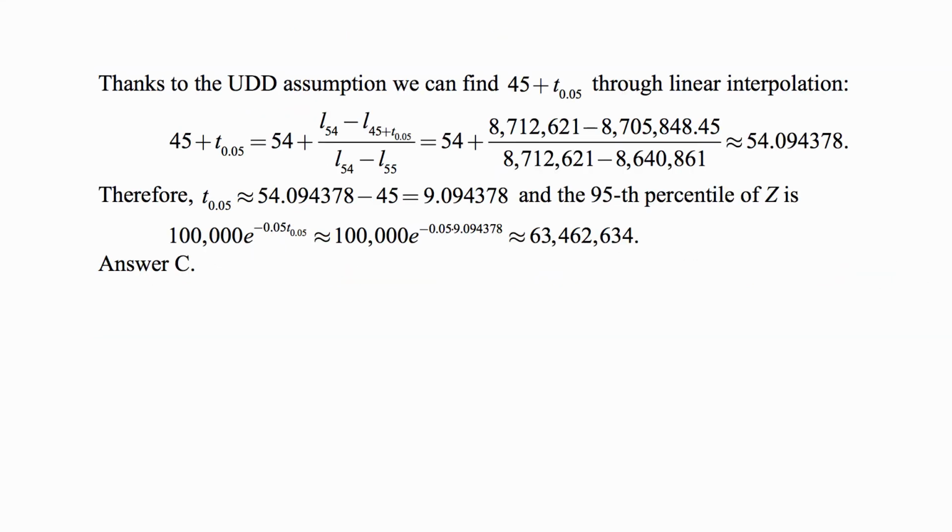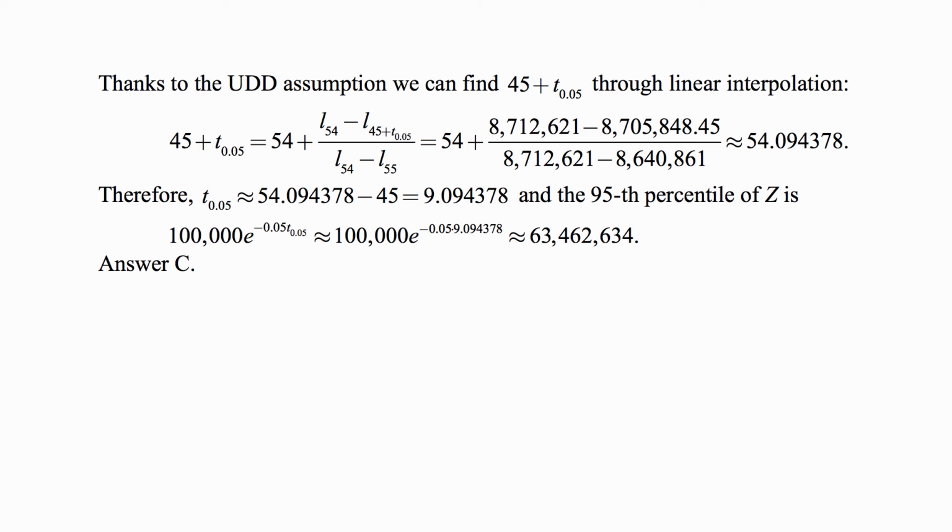But we also are told that the uniform distribution of deaths assumption applies. And thanks to that assumption, we can find 45 plus T sub 0.05 through linear interpolation. That age is going to be 54 plus whatever fraction the difference in population size between 54 and 45 plus T sub 0.05 is as a fraction of the whole change in population from age 54 to 55.